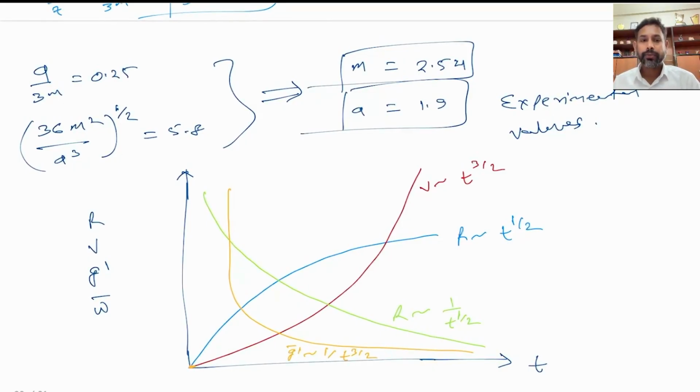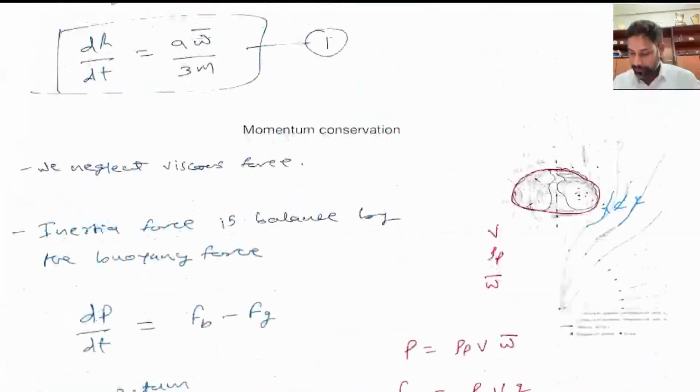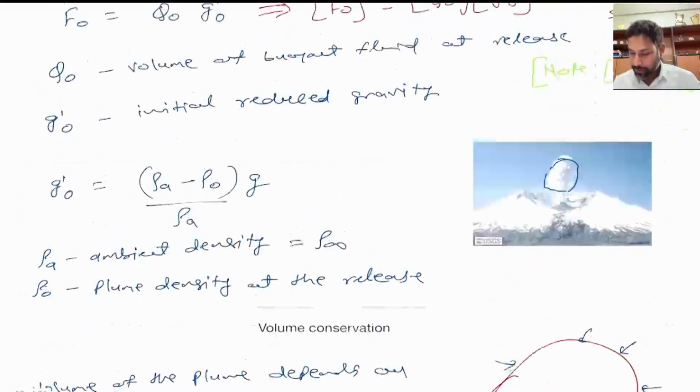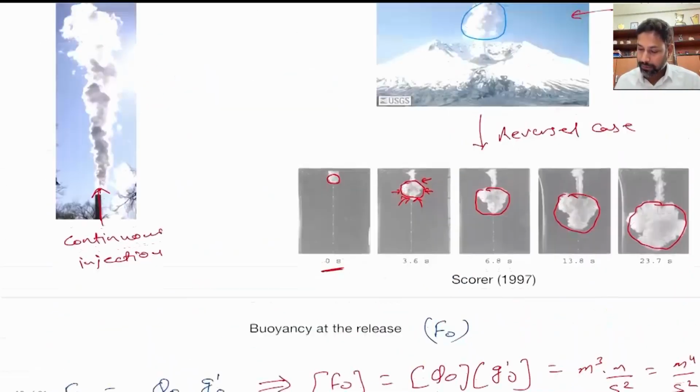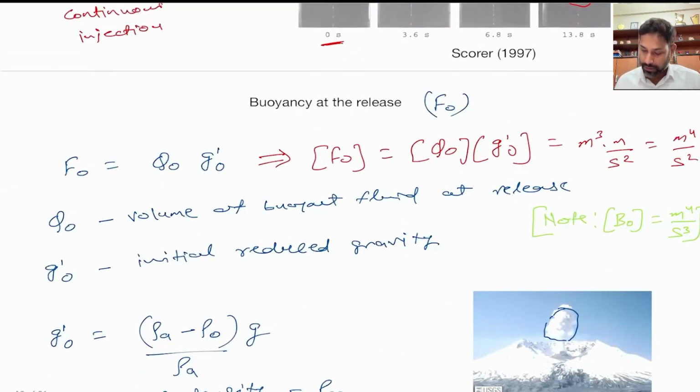Okay, so what we have seen in this particular case is plumes generating because of a fixed buoyancy release, as we have seen in certain examples like this volcanic plume. And now if you want to predict the behavior of this volcanic plume or other plumes with a fixed buoyancy release, you just need to know the initial buoyancy value, and that is this constant F naught.